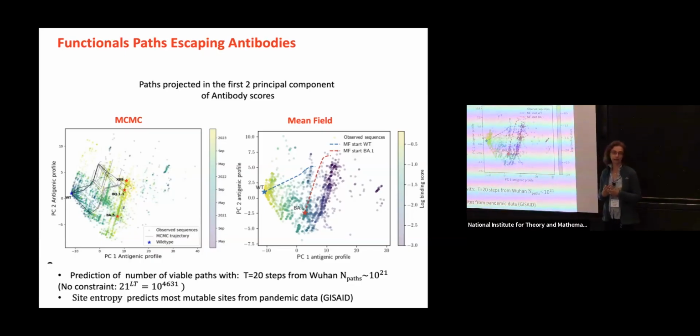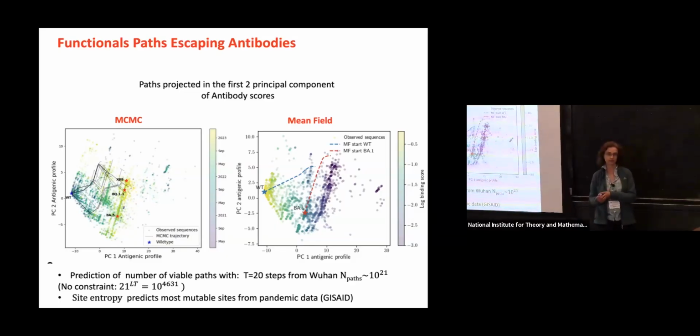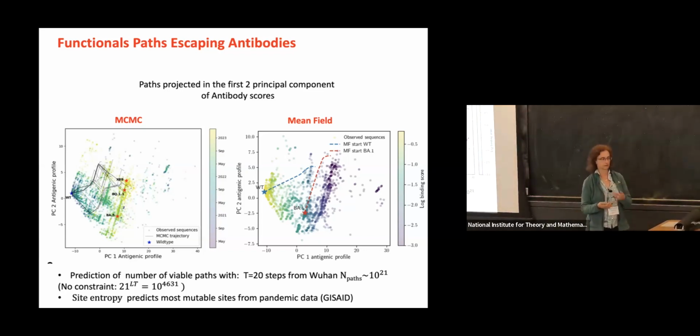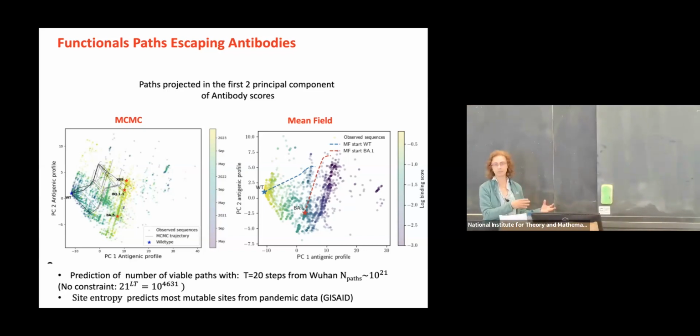So you add a term, which is the binding to the antibodies, and you can fit it on other experiments in which they have tested all this binding. Basically you add these terms to the probability that the sequence is good, so it's viable but also escapes antibodies.